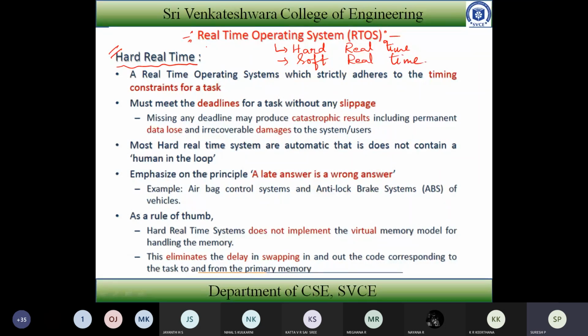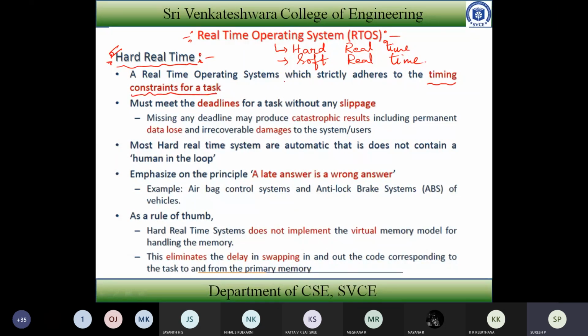Next, when it comes to the hard real-time operating system, what do we mean by it? In this particular type of real-time operating system, it has to strictly adhere to the deadline. Deadline means it should have timing constraints per task.